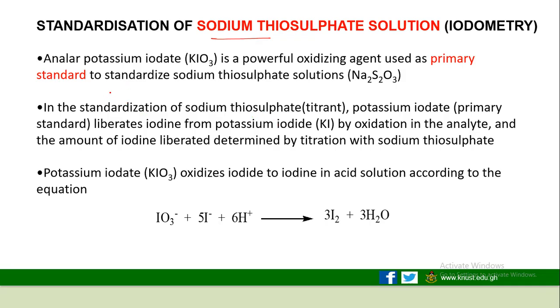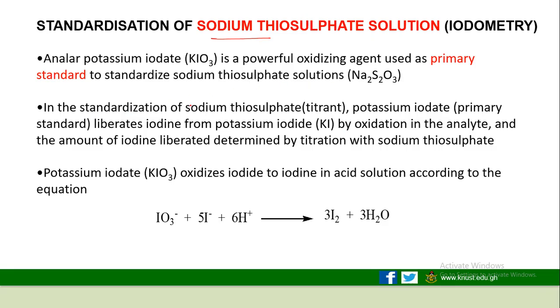Now, the primary standard that we use, that's the oxidizing agent that we use in iodometry. The common one is potassium iodate. So we are saying potassium iodate is a powerful oxidizing agent used as primary standard to standardize sodium thiosulfate solutions.